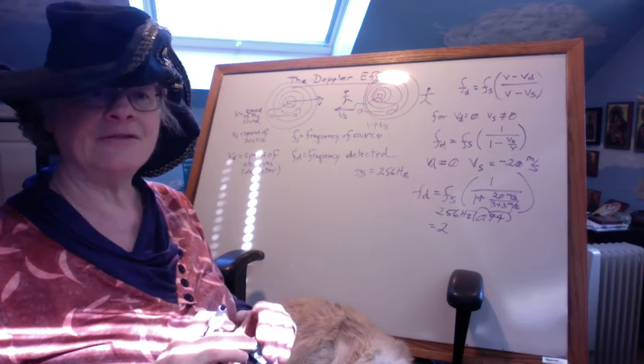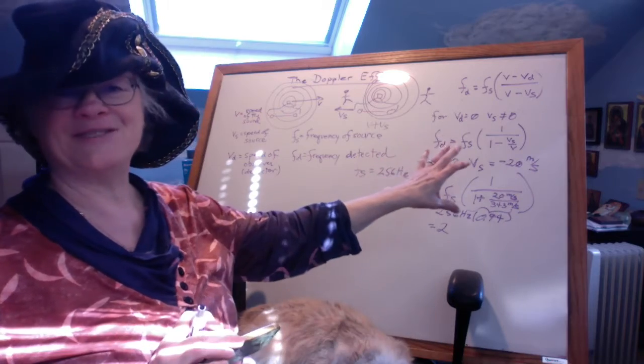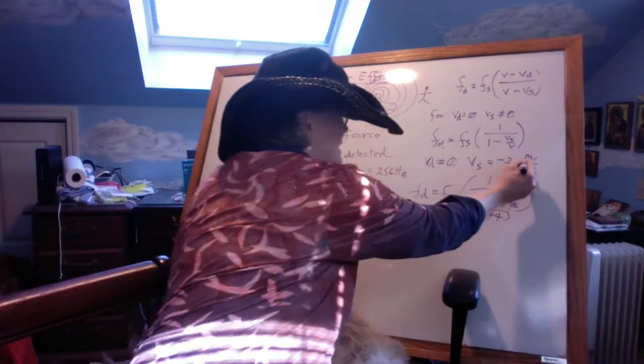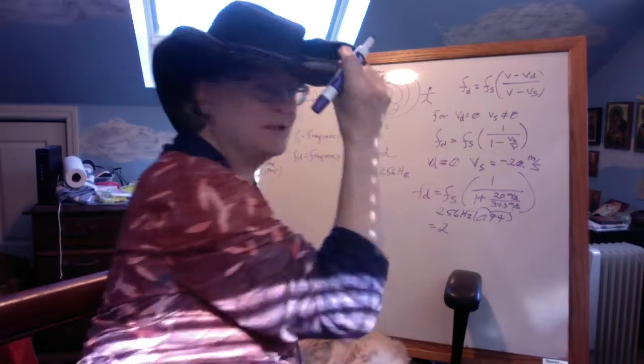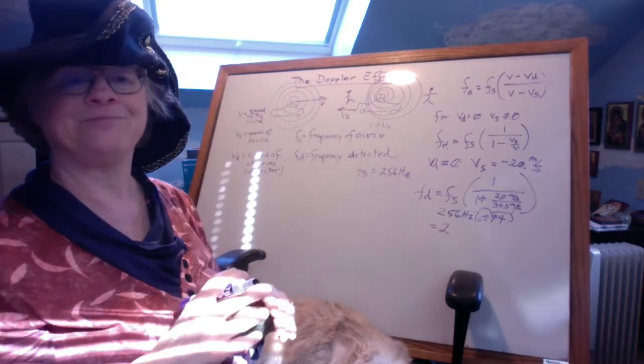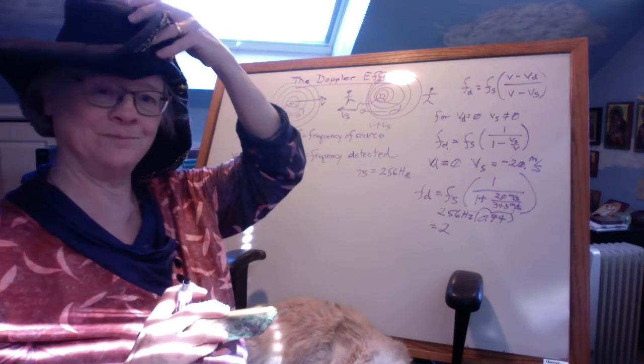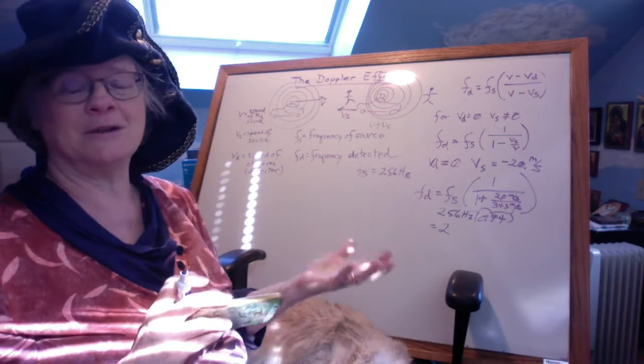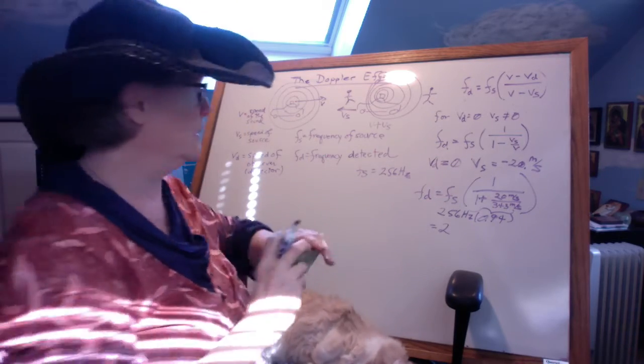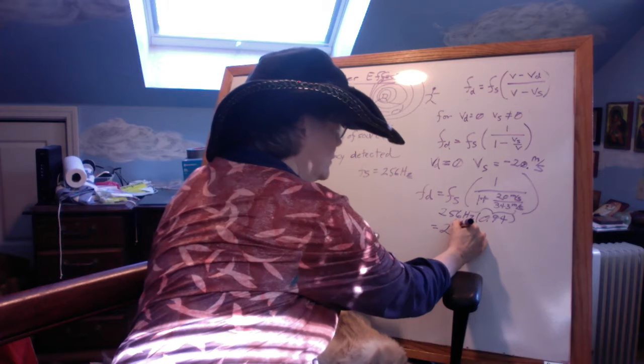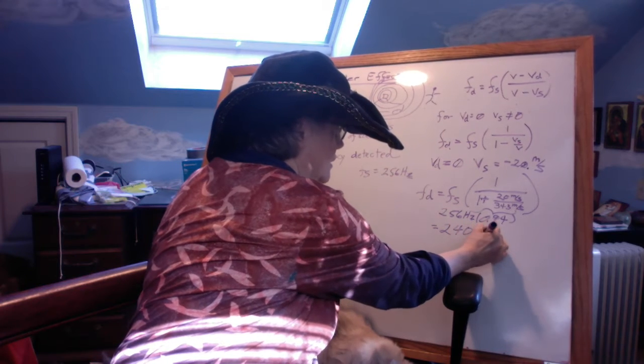But in real life, we don't have that many sig figs here. Let's be kind to ourselves and say we have 2 sig figs with the 20, and that limits our sig figs to 2. So that means it's 240 hertz.